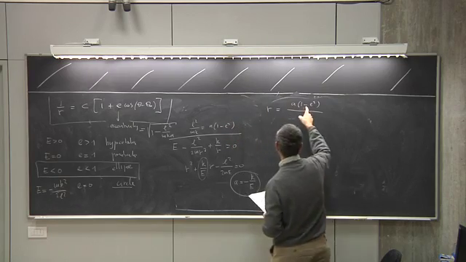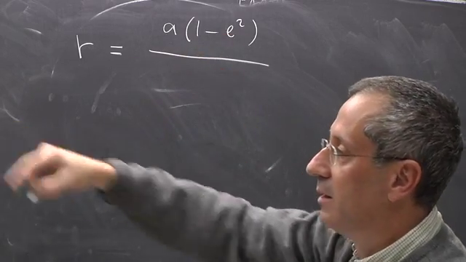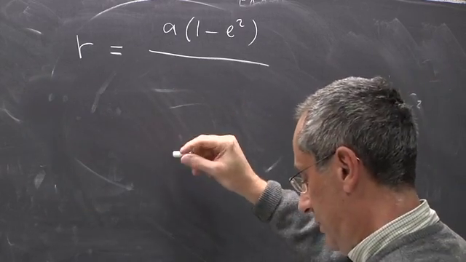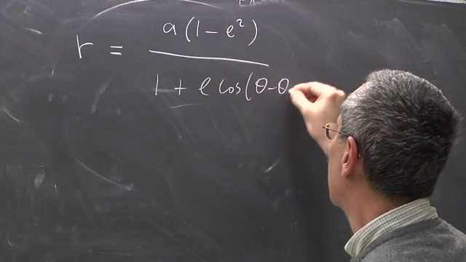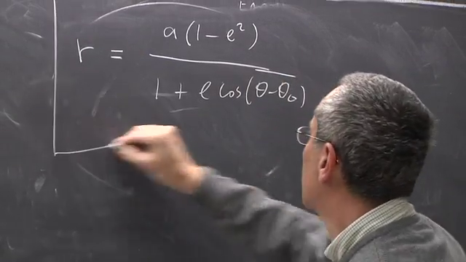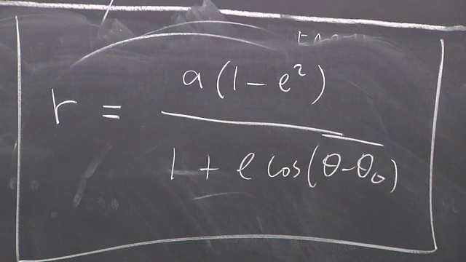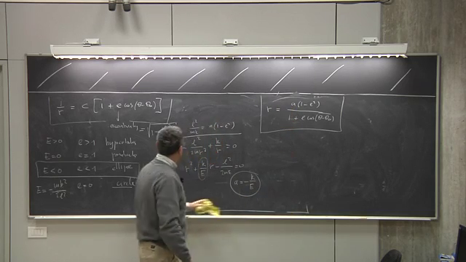So 1 over C really is this, right? And then downstairs I have 1 plus e cosine of theta minus theta naught. Okay?